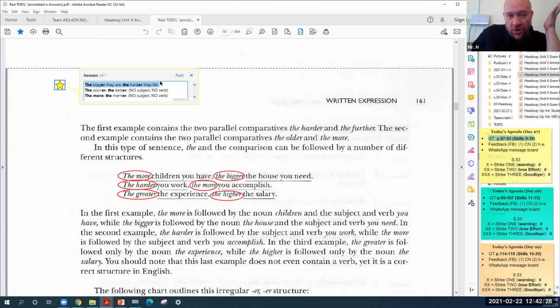You guys know the story of Dawood and Jalut? What happened? Dawood killed Jalut. Right?